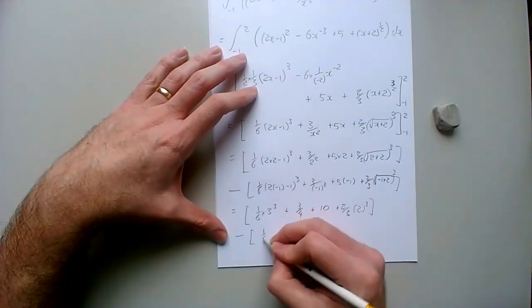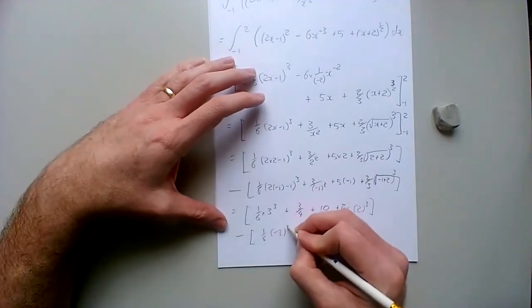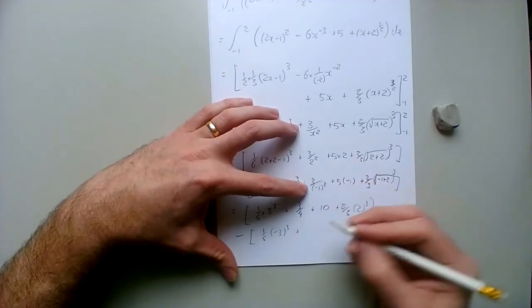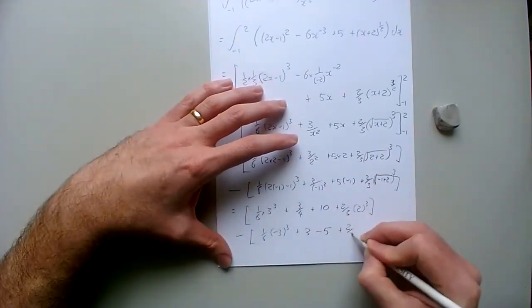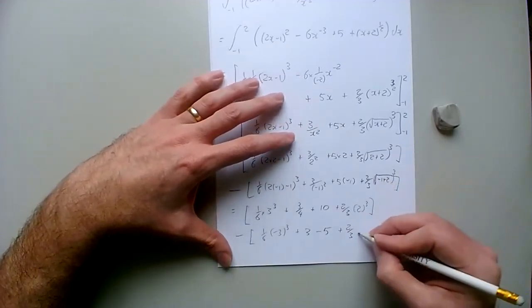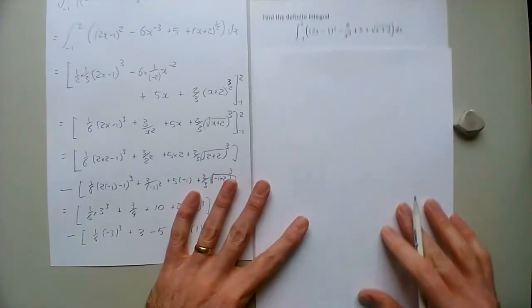Minus, 2 times -1 is -2, minus another one is -3. Okay, 3 on (-1) squared is 1, 3 on 1 is just 3. That's a -5 plus 2/3 of, now -1 plus 2 is 1, and the square root of 1 is 1. Okay, so it's looking pretty good. I reckon I've got a good chance of getting this right.